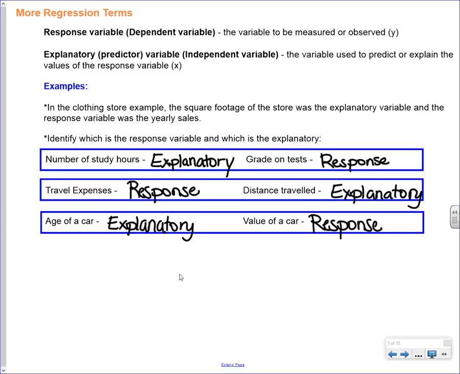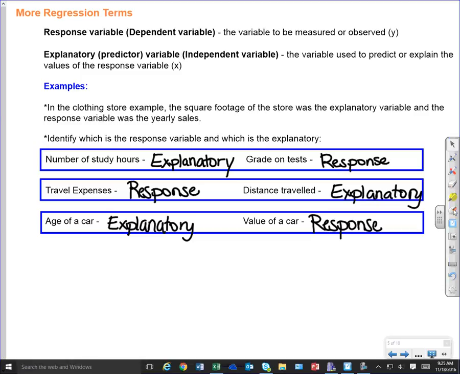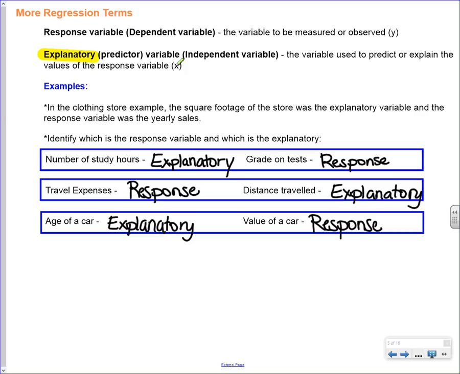So X is our explanatory variable. The value we plug in for X is going to explain the value that we end up getting for Y. So X is our explanatory variable, or the independent variable, and I usually remember that because explanatory has an X in it, so that makes it easier to remember that explanatory is the X variable.